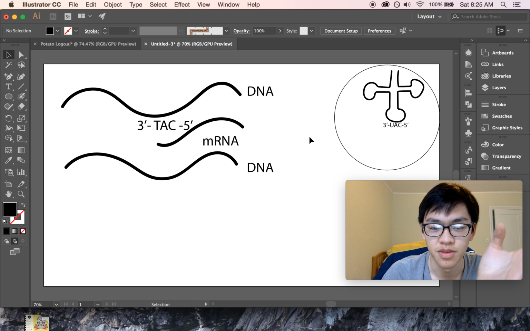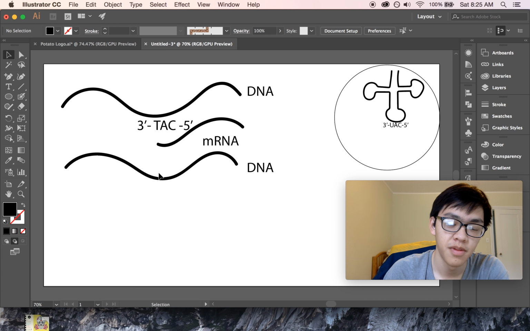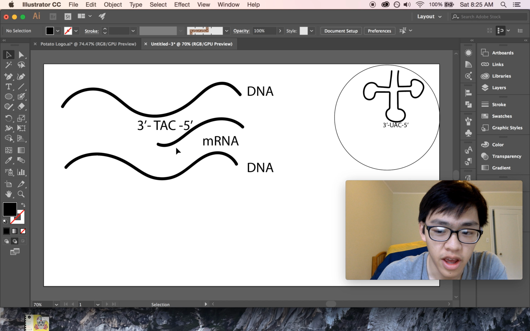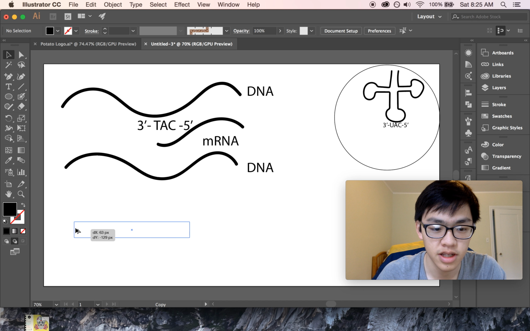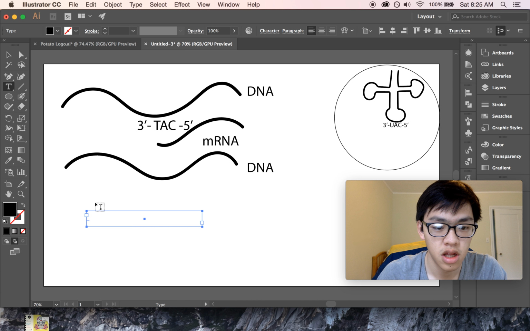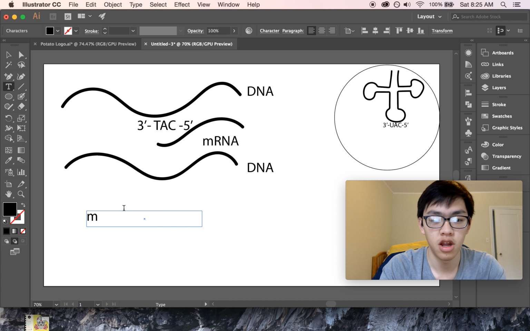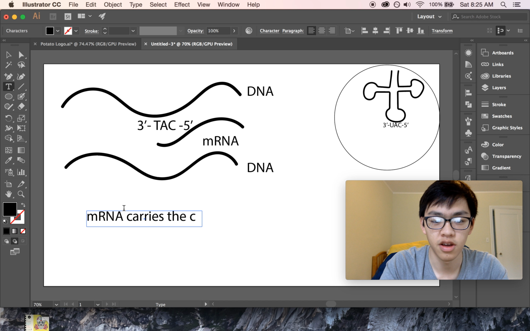Although results may vary, there may be things before it. Now the mRNA here carries the codon.